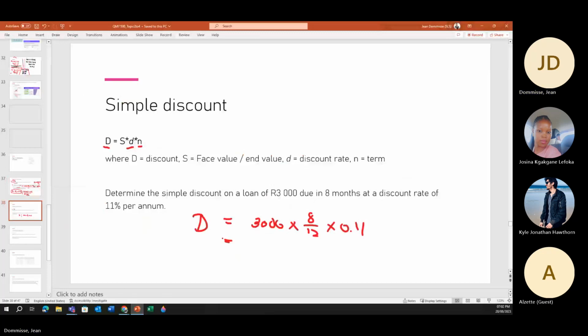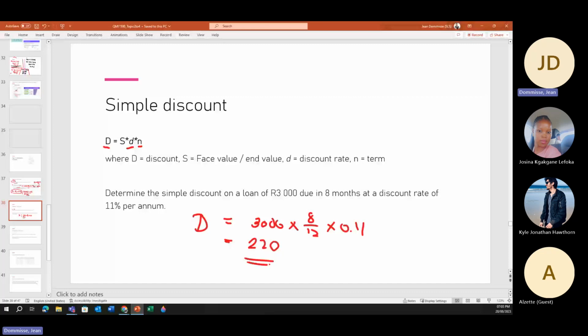So 3,000 times 8 divided by 12 times the 0.1 is 220 discount you are getting. Okay, so basically by saying we will give you a discount of 220.